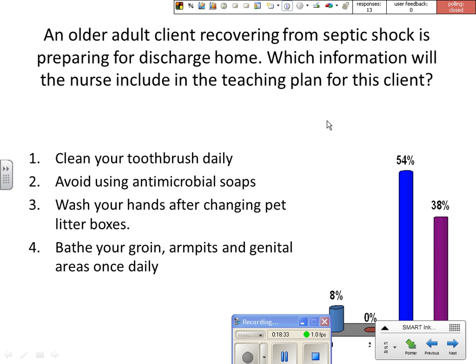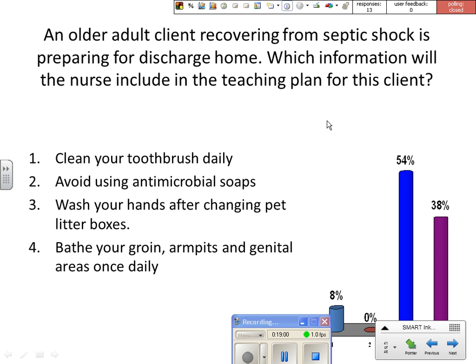So you should be telling them to clean their toothbrush every day. Why is cleaning the toothbrush important? A lot of bacteria accumulates on toothbrushes. I'm sure if you did a swab of the toothbrush, you would be just totally disgusted by what is growing on there. But if you clean that toothbrush with an antiseptic mouthwash or some other antiseptic, why is that good?